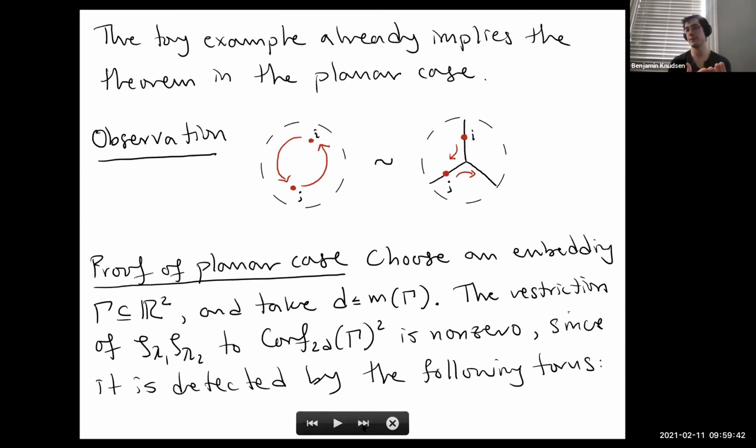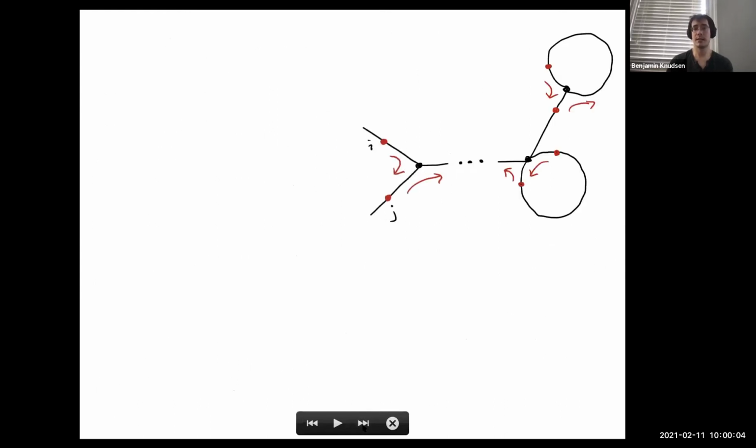So I have an embedding of the graph in R2, and that means I have a map from the configuration space of the graph to the configuration space of R2. Configuration spaces are functorial for injective continuous maps. And so I can pull back this cohomology class to the configuration space of gamma. And it is non-zero because it's detected by this torus.